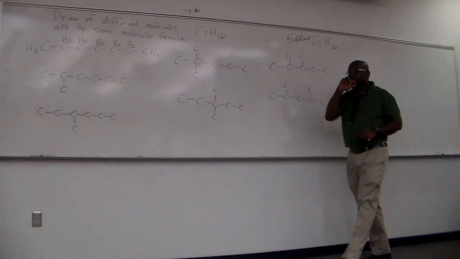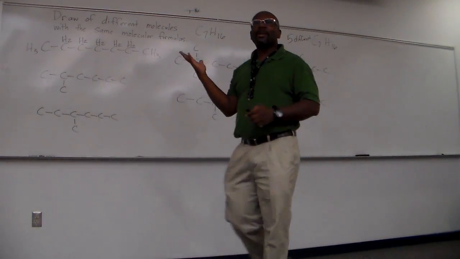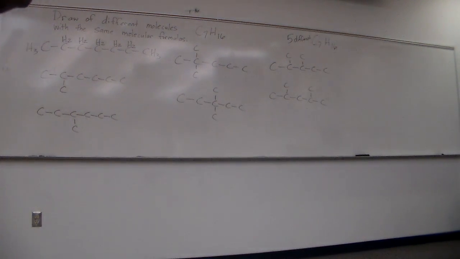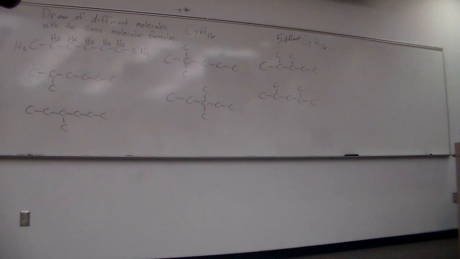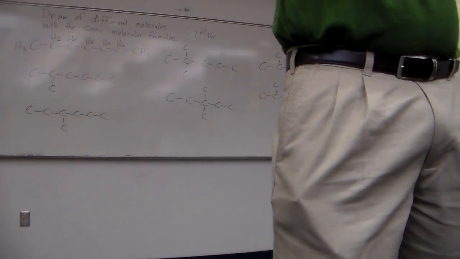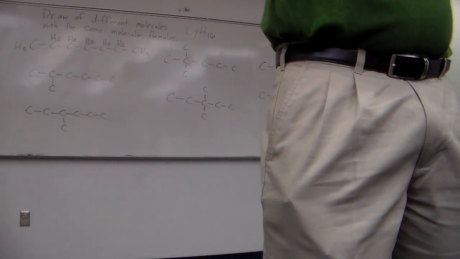Now, there was one question asked about how we know that 7 carbon atoms has 16 hydrogens if the carbon atoms are single bonded. The way you end up knowing that is by the degree of unsaturation, or what is the book called? The index of deficiency or something.